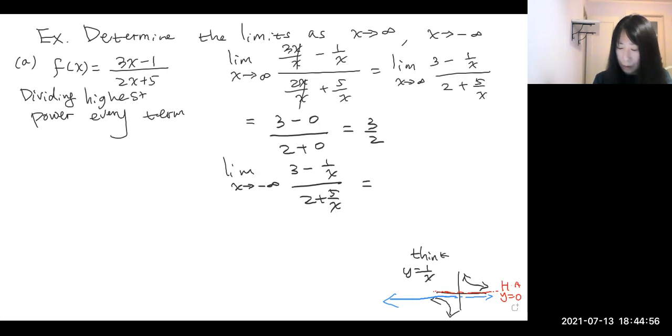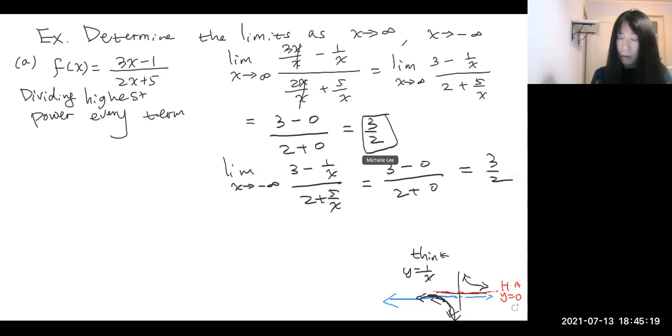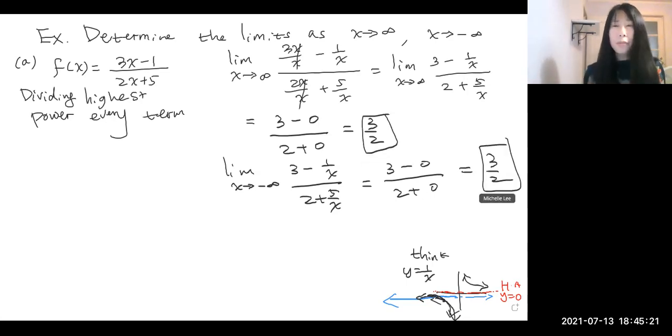The graph, look. I think it's also approaching 0. Yes, so it's also approaching 0, same as this one. So we get 3 over 2. So as x approaches positive infinity and negative infinity, we still get 3 over 2 for this rational function.